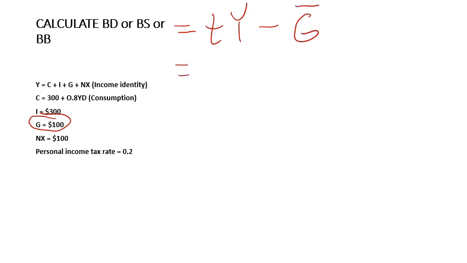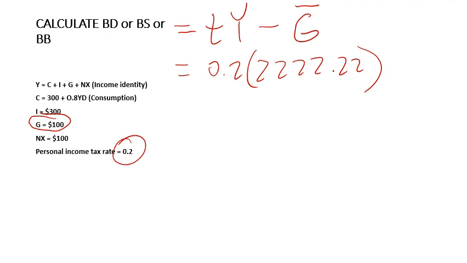So the personal income tax rate is 0.2. The GDP level is 2,222.22, and government spending, autonomous government spending, is 100.